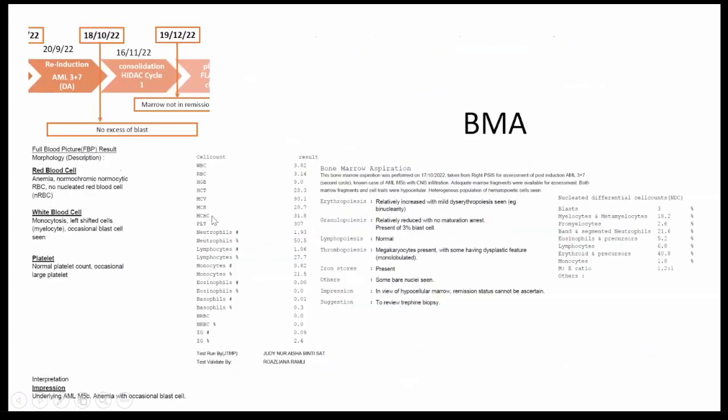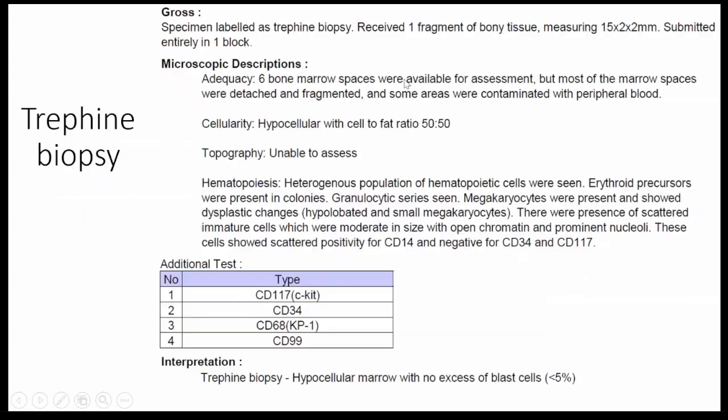These are the blood film post reinduction, where there are occasional blast cells, and on bone marrow aspirate, remission status still cannot be ascertained due to hypocellular marrow. From the trephine, we can see a hypocellular marrow with no excess of blast, as we quantitated the blast generally at less than 5%.